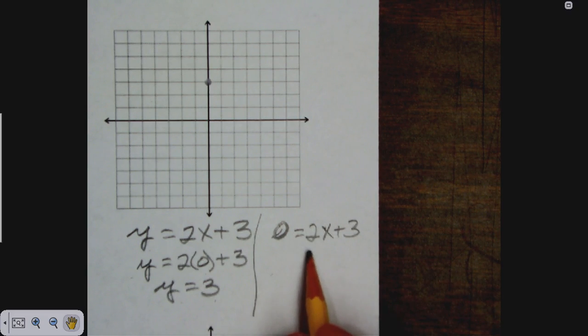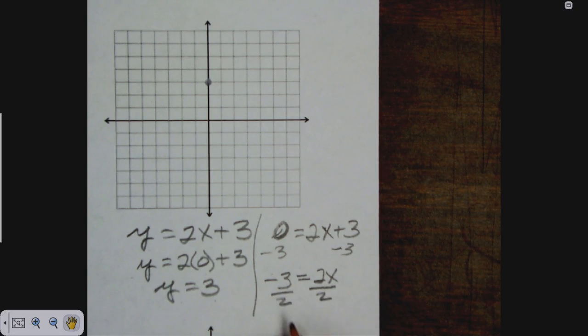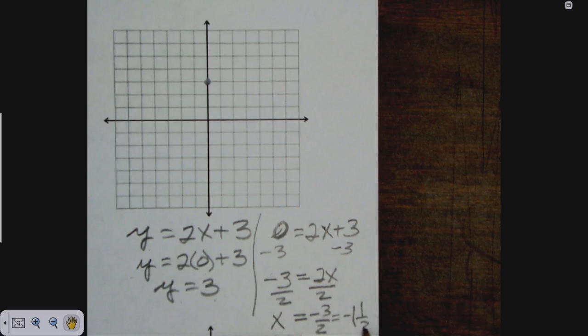I need to solve this, so I subtract 3 from both sides and get negative 3 is equal to 2x. I divide both sides by 2, and I get x is equal to negative 3 halves, or if I want to do it as a mixed number, negative 1 and 1/2. Okay?